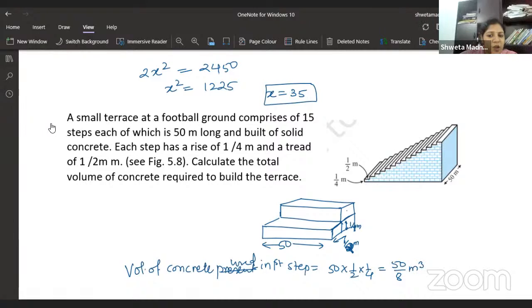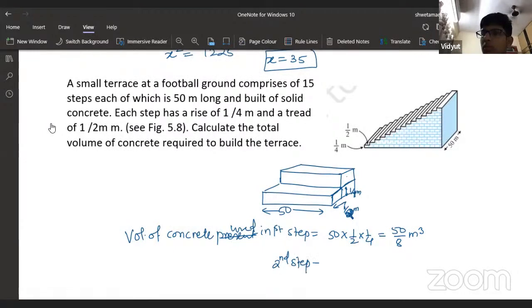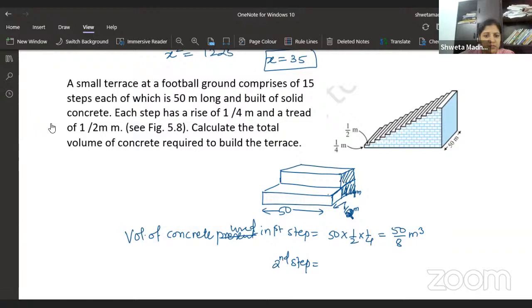Now for the second step, how many cuboids are present? 2. So this is one cuboid and this is the second one, 2 cuboids, right? So the total volume in the second step is 2 into 50/8.